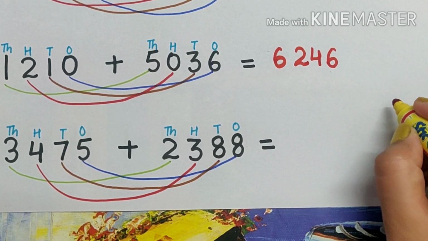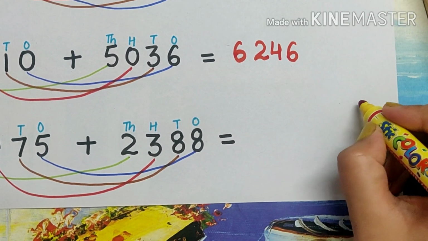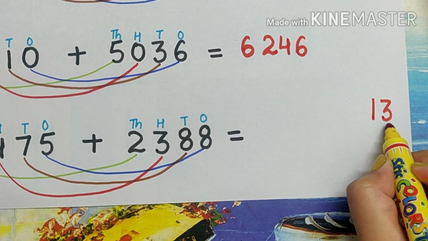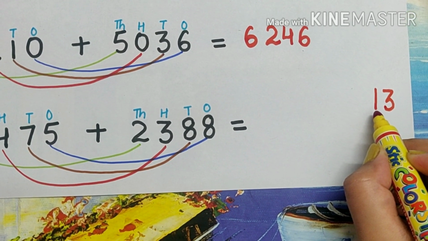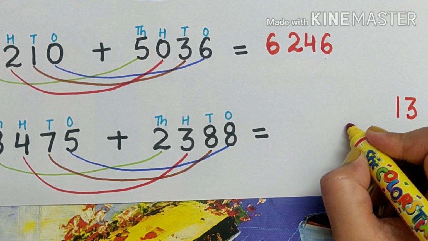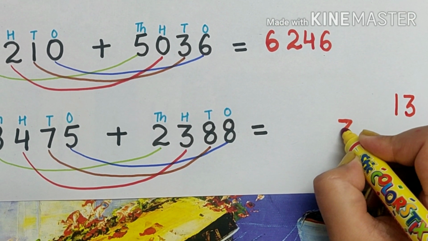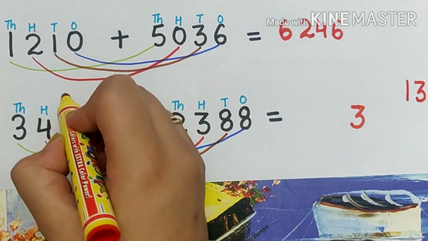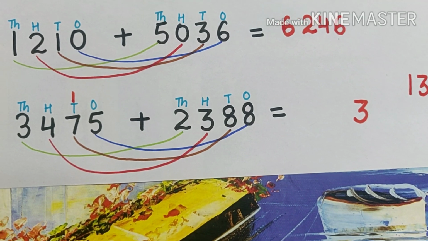But in 13, if we see, 3 ones and 1 tens. So we will write 3 here and 1 will go in tens.